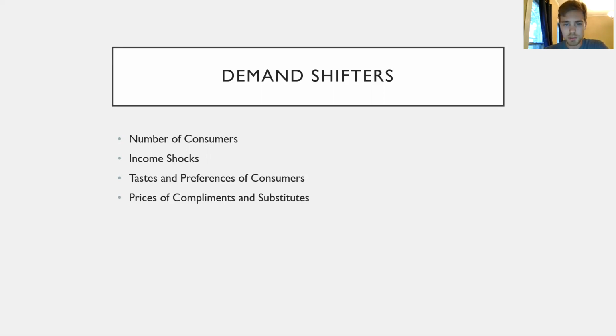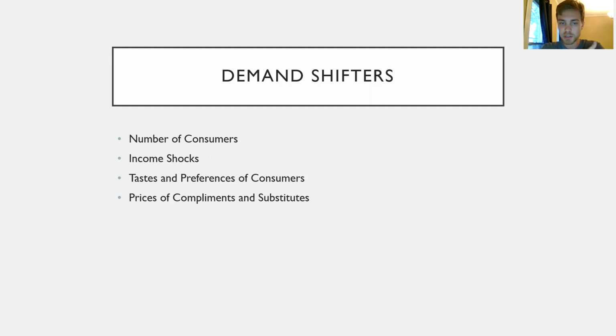Prices of complements and substitutes, right? So complements, peanut butter and jelly are complements. If the price of jelly rises, that's going to increase the cost of making a total peanut butter and jelly sandwich. So an increase in the price of the complement, jelly, will decrease the quantity people will buy of peanut butter.